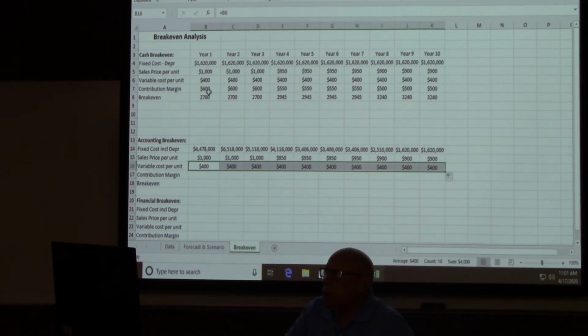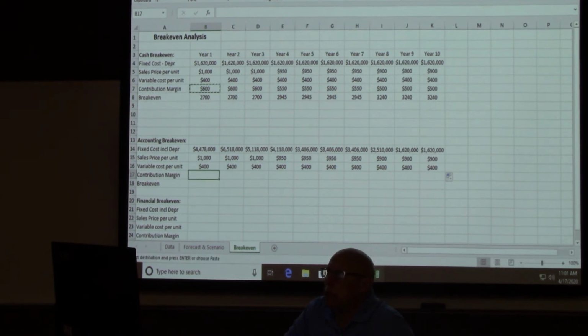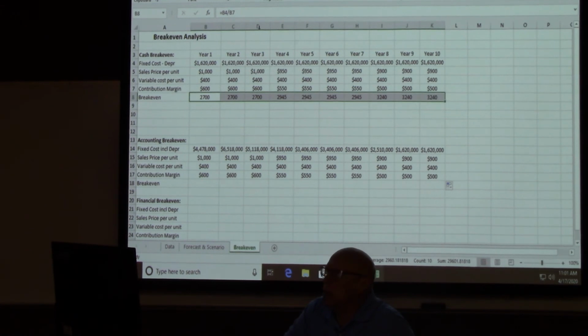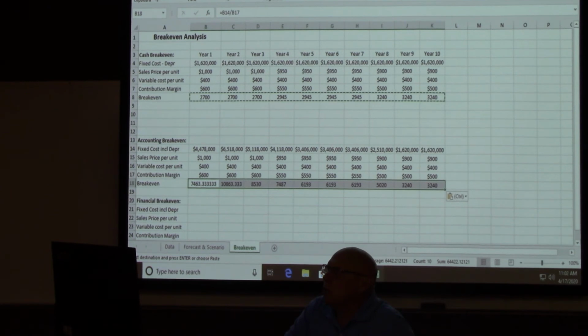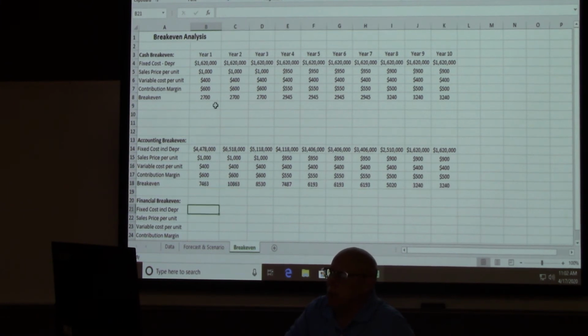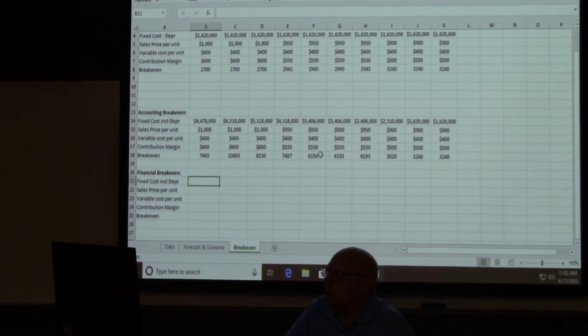And then the contribution margin is the same calculation, so we'll copy that there. And this is the same calculation as well here. Let's take all those partial units off. And there we have it. As I told you, when you throw the depreciation expense into your fixed cost, it just raises the number of units that you have to produce.